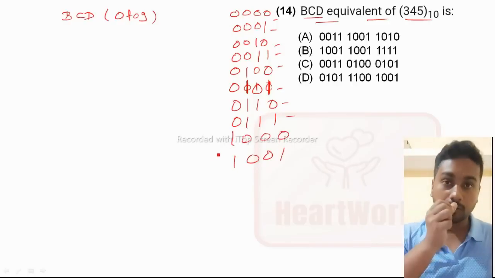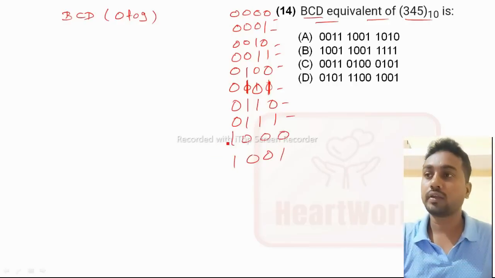This is till 9. So this is the code for 0 to 9.